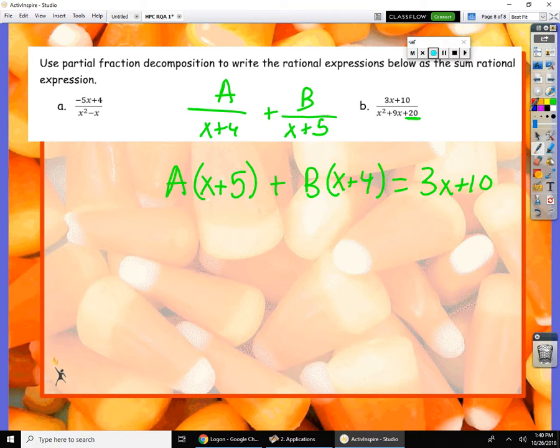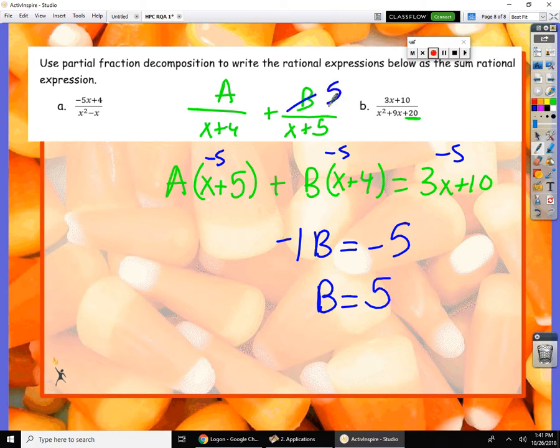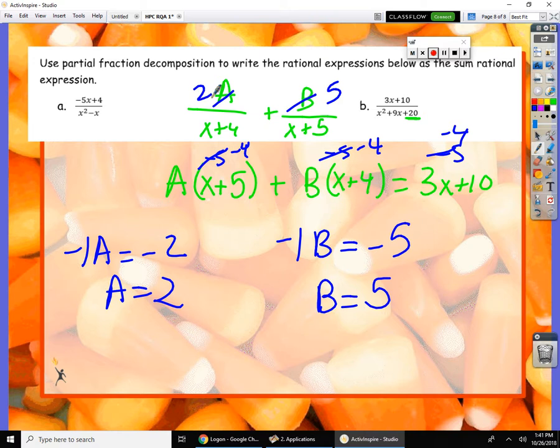I'm going to replace x with my first zero, which happens to be negative 5. I get negative 1b equals negative 5, therefore b equals 5. And then for the other one, I'm going to use negative 4. So I get negative 1a equals negative 2, a equals positive 2, problem done.